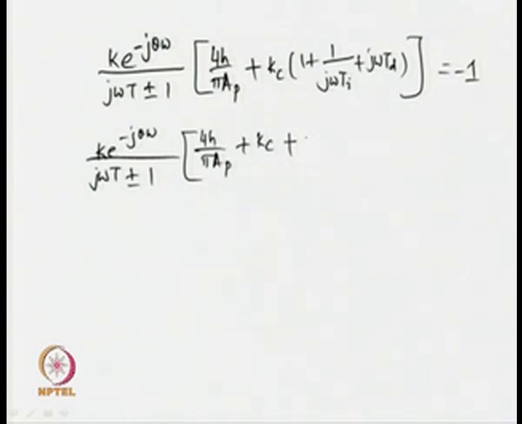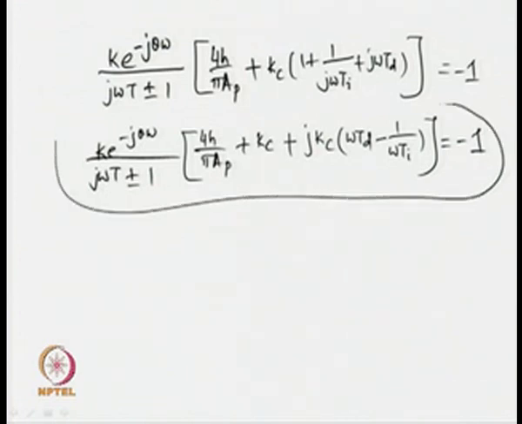I will bring j common. So, we will get j K_c (ωT_d minus 1 upon ωT_I). Okay. So, this is how you get the same expression finally expressed in this form.